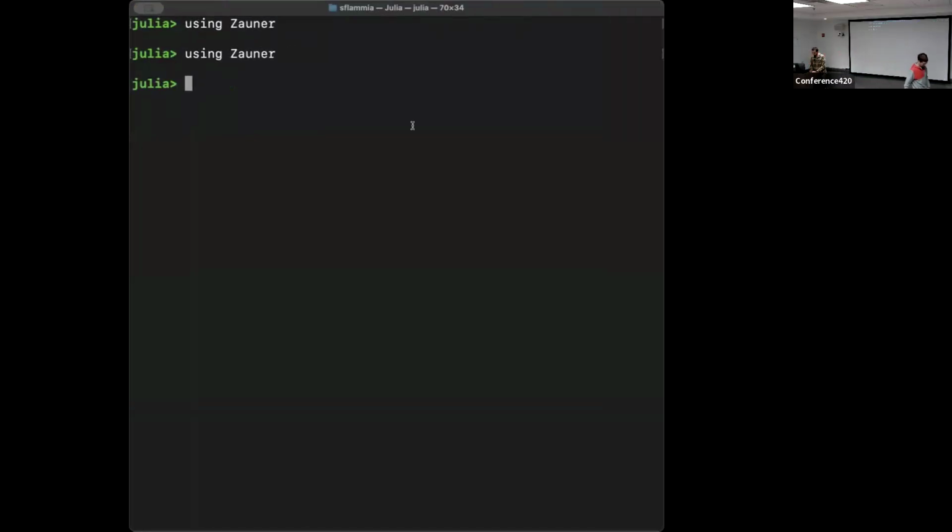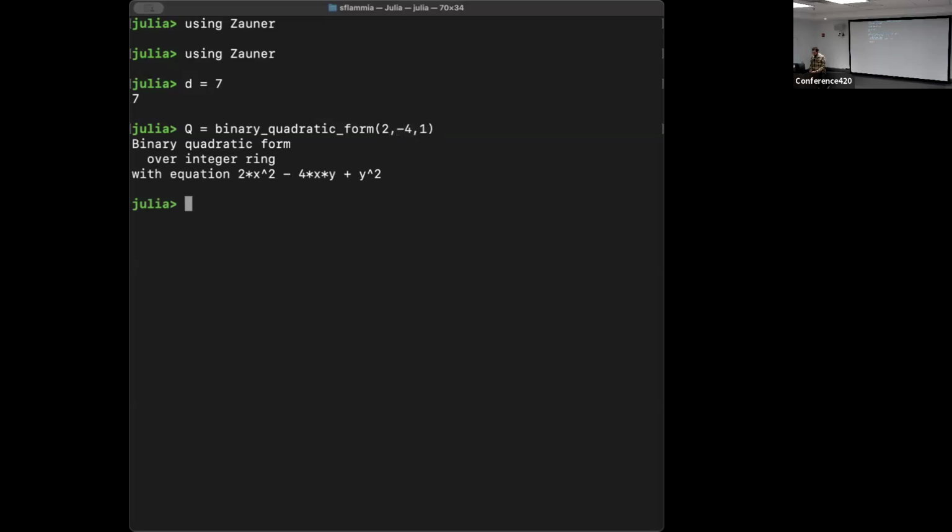So there's a Julia package. I've already got it loaded, so that didn't do anything. But I can say d equals 7, q equals, like, 2, that's an example of one. So then I can say, this is a data structure that has all of this admissible pair stuff in it.